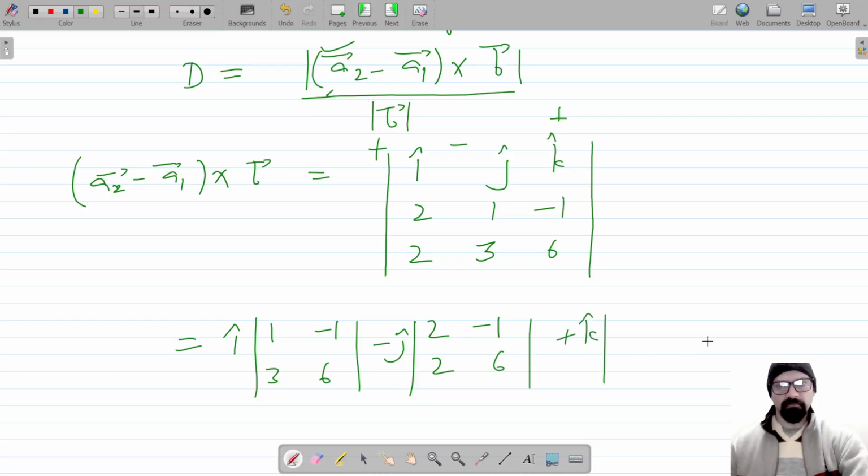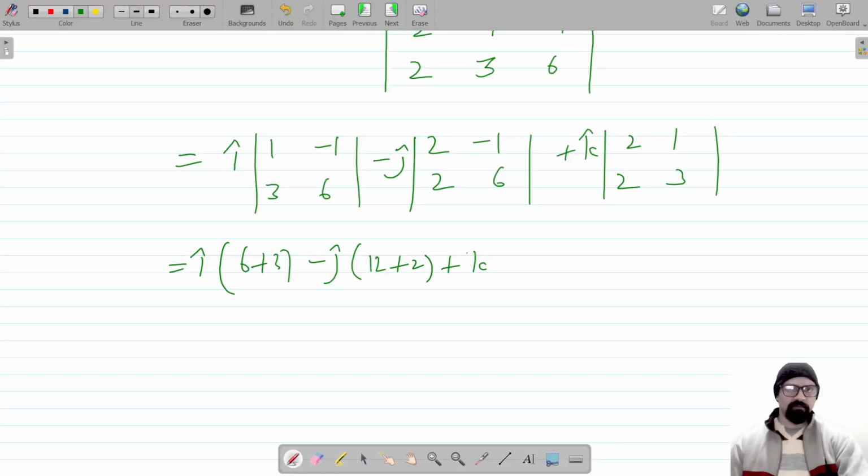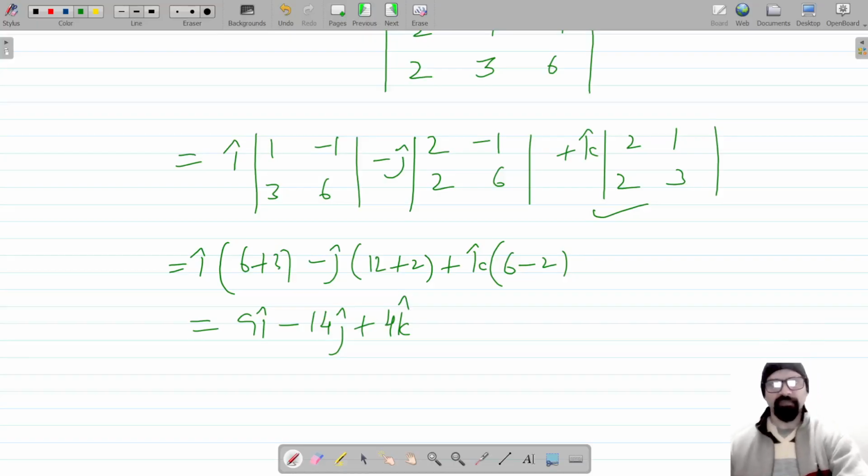Plus k cap, remove the row and the column for the k cap. It's 2, 1, 2, and 3. Okay. Now this is 6 plus 3 i cap, minus j cap 12 plus 2, plus k cap. So we only have to find the determinant 6 minus 2. Which gives me 9i cap minus 14j cap plus 4k cap.